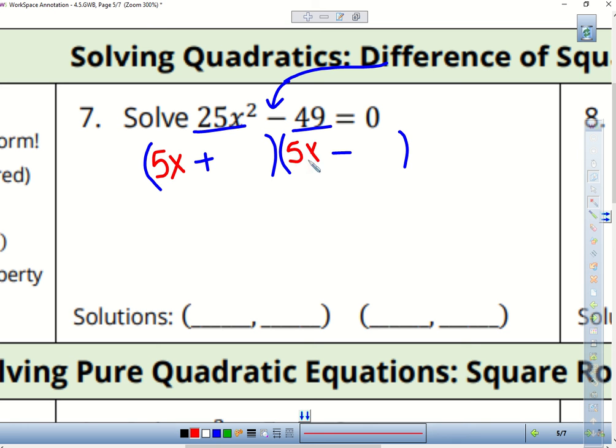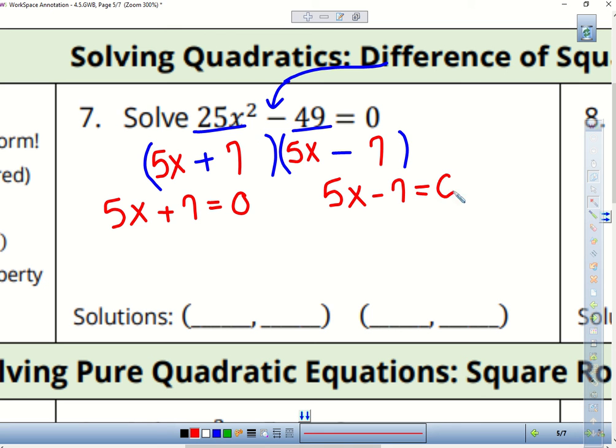And what is the square root of 49? 7. Just 7. So we then set these equal to 0. And then we just solve them. So as always, our y is 0. And if we solve these, what do we get for the first one here?